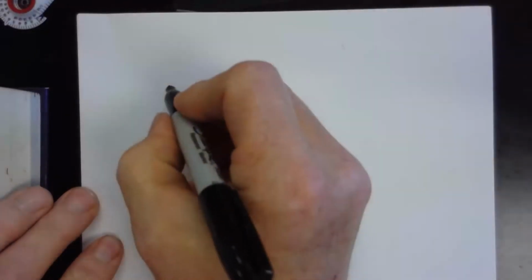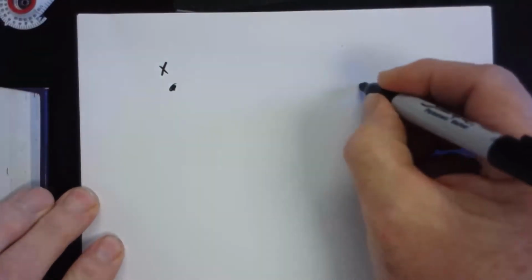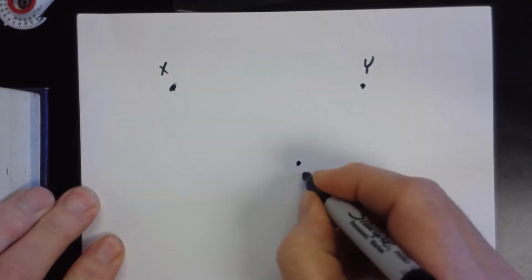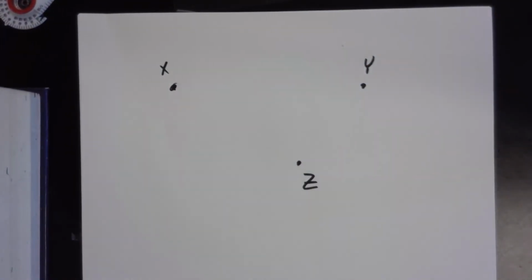Okay. The 3-point postulate. What do you guys think of when you think of 3 points? A plane, right? How do we name a plane? Well, we name it with 3 points. Why do we name it with 3 points? Well, because if I have 3 points that are not collinear, how many different planes can pass through all 3 of them?